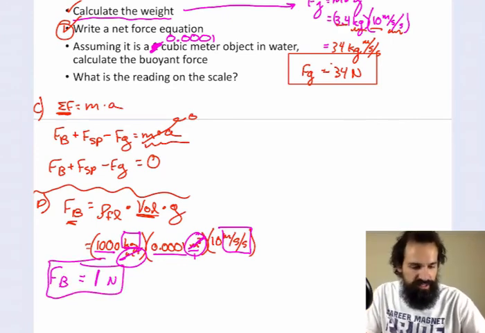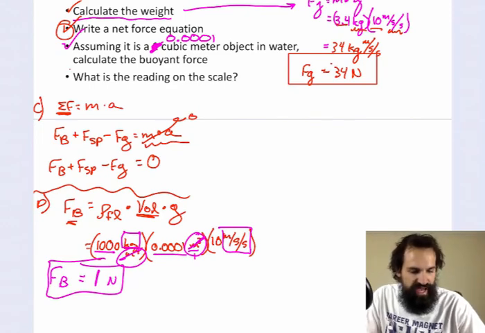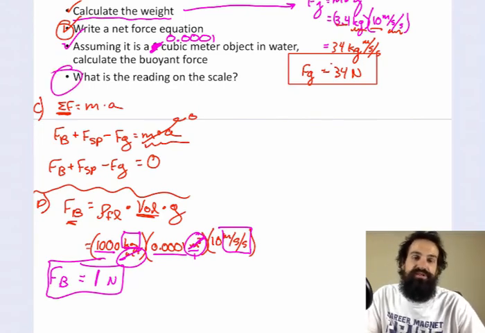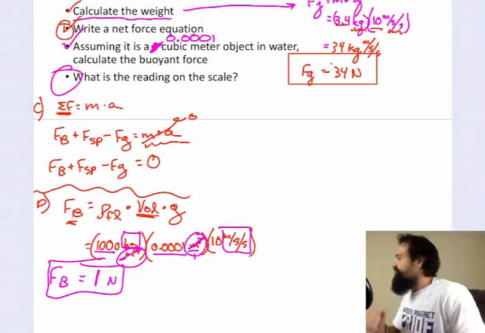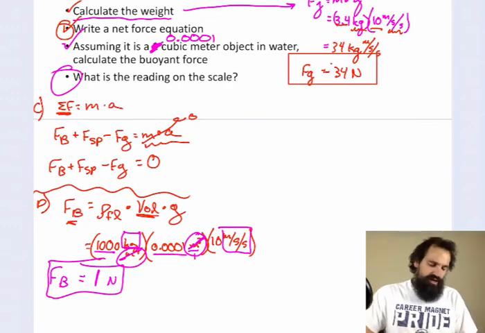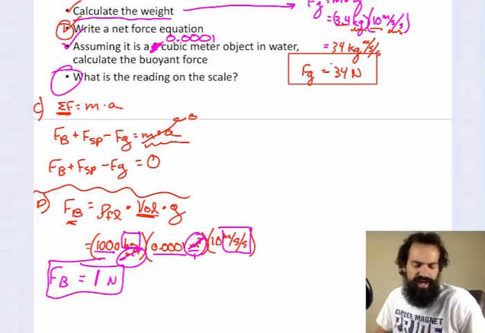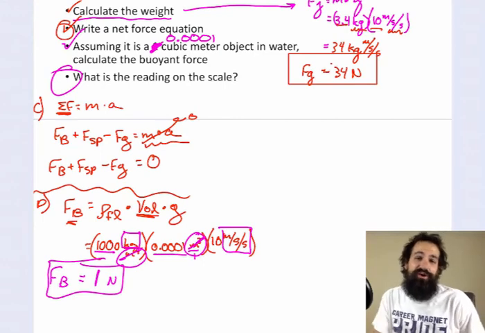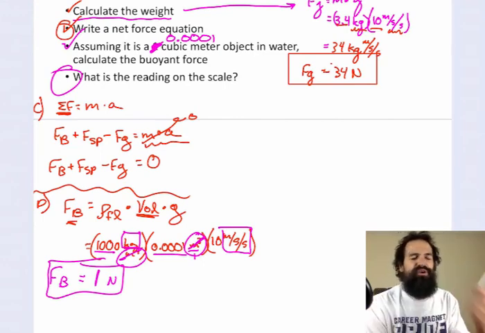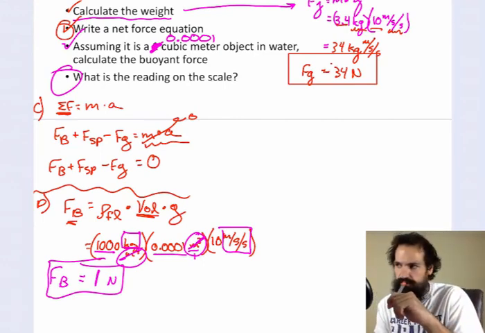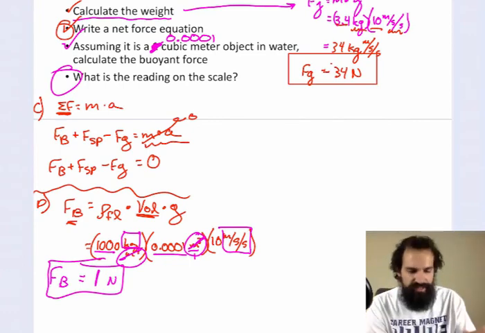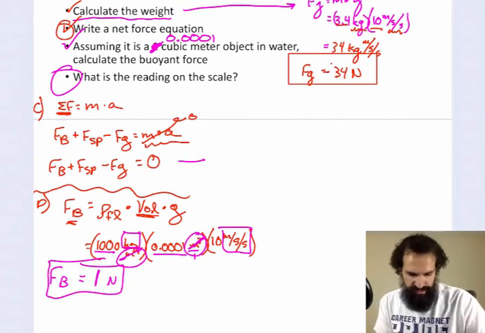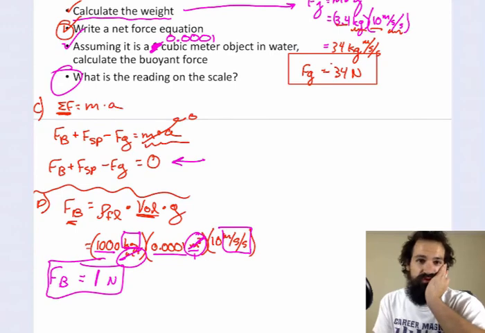And now part E is asking us what the scale should read. So now let's calculate the reading of the scale. To figure out the reading of the scale, the only equation we have with it in it is our net force equation.